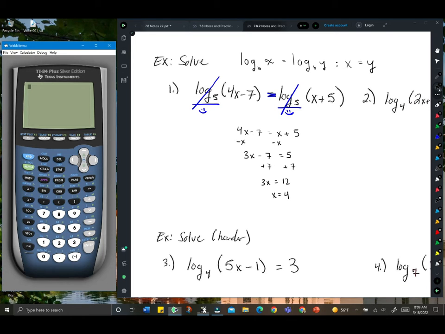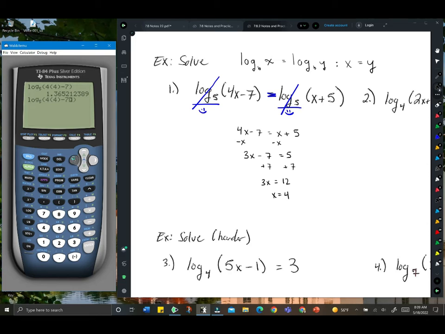A reminder that you can check these in your calculator. If you want to do log base 5, you're going to have to go into math and then logBASE. Then we can do base 5 of 4 times 4, minus 7. You're going to get some funky number.